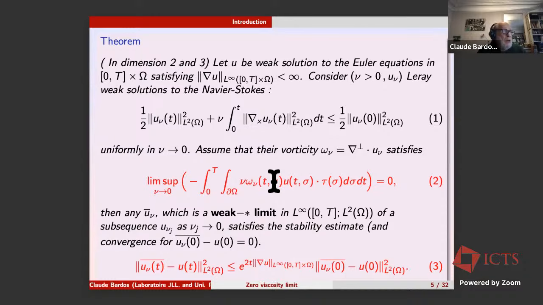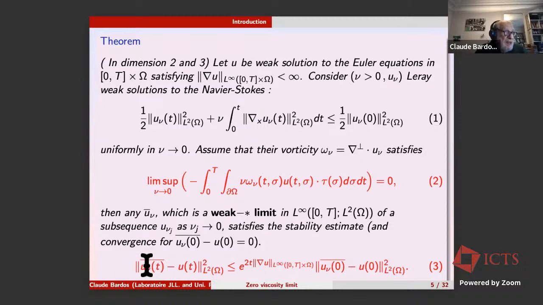Now, with 1, there are weak limits, and the theorem we have, which is a version of the Kato theorem, is that if this limit goes to 0, that implies that u nu of t, or its weak limit, will go to the solution of Euler, and you have a very precise estimate: exponential of 2t times the gradient of u in L infinity, and you have the jump from the initial data, u nu of 0 minus u0, which is the equation 3.